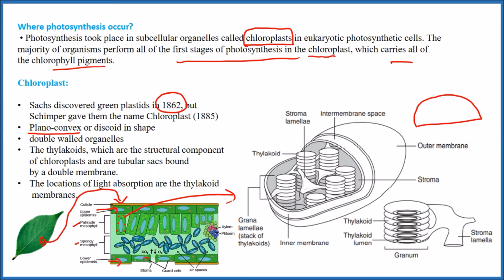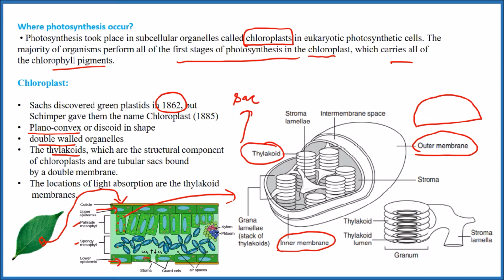It is double membrane walled. Double membrane walled means it consists of two membranes, outer membrane and inner membrane. It has thylakoid. What is thylakoid? Thylakoid is a sac-like structure. And if we place thylakoids one by one, they will form a stack.